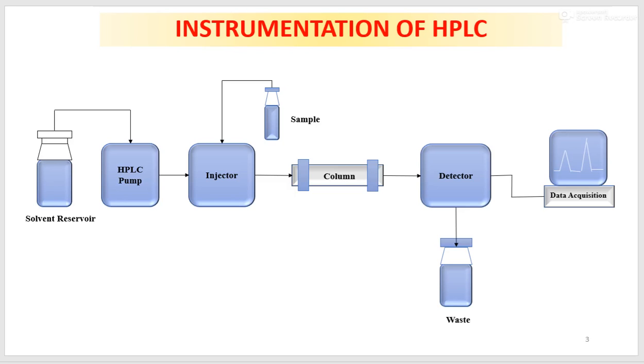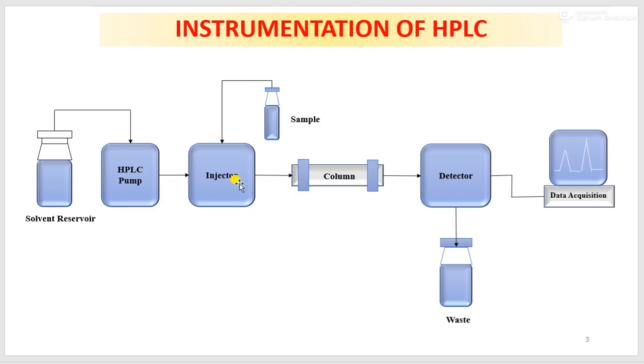Before discussing various parameters for HPLC calibration, let us know what are the parts of HPLC system. Any HPLC system consists of solvent reservoir for placing mobile phase, pump. The role of pump is to pass a mobile phase from reservoir towards the system.